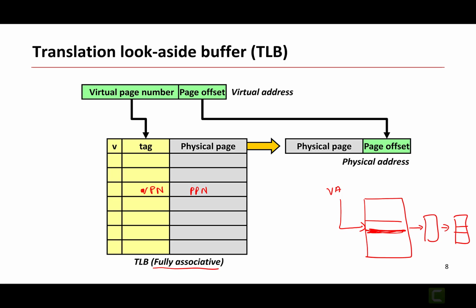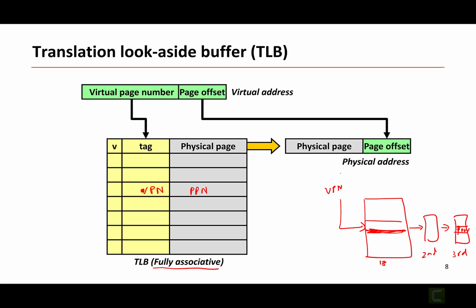So if you remember the lecture on hierarchical page tables, first you access the first level page table, and then you access the second level page table, and then you access the last level page table. Let's say you have 3 levels, and so eventually the last level, the leaf, would tell you what the physical page number is, and that's the answer that you're looking for to translate a virtual page number, right?